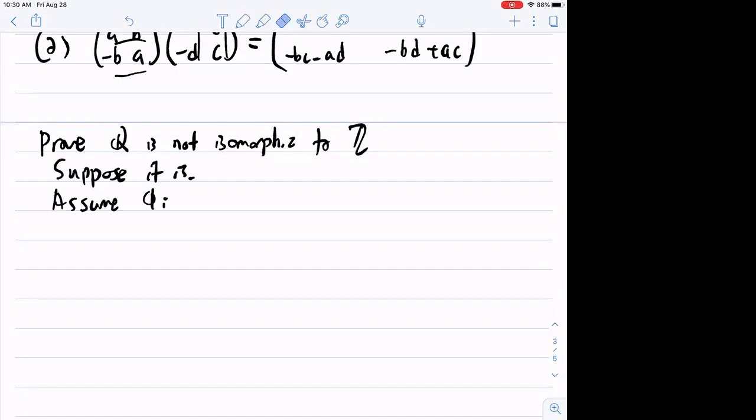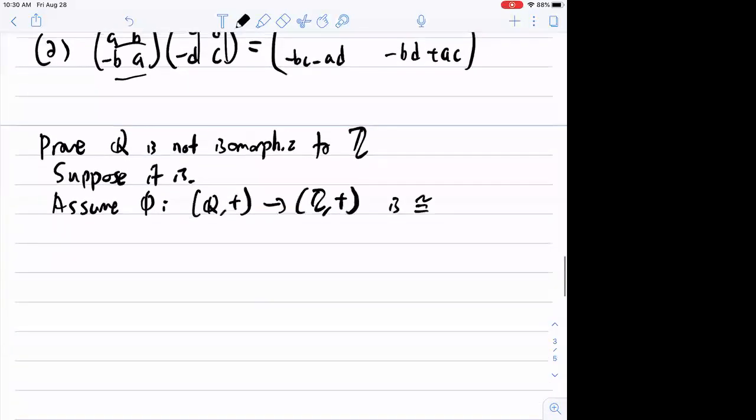phi from Q. They're both under plus, right? Q and Z do not form a group under multiplication; Q minus 0 forms a group under multiplication. So let phi from Q plus to Z plus be an isomorphism. First I want to ask you, where does 1 go? 1 has to go somewhere.